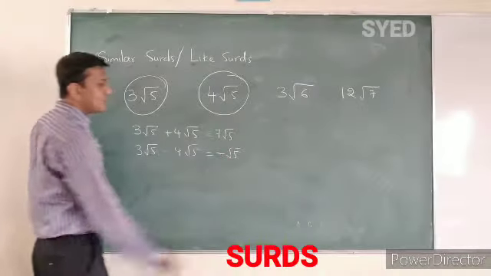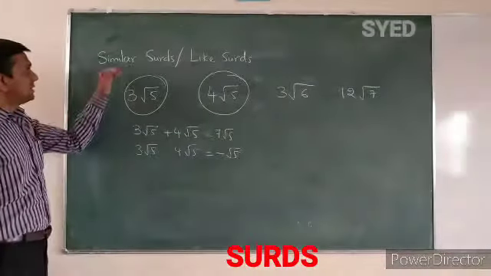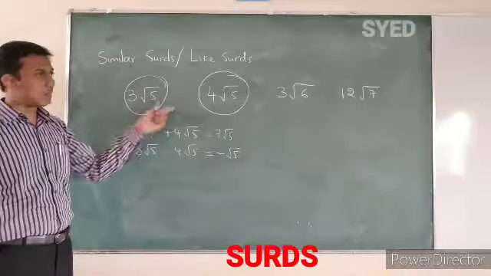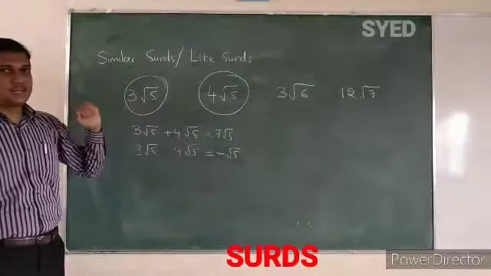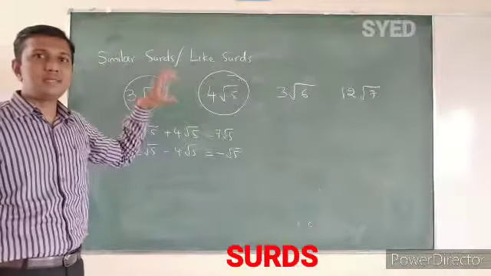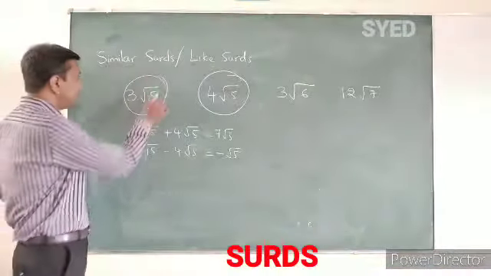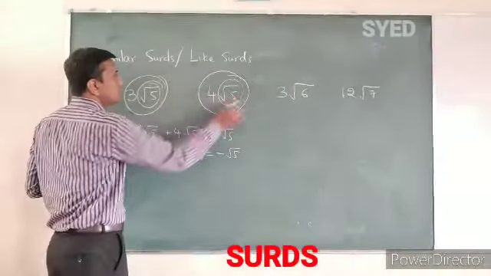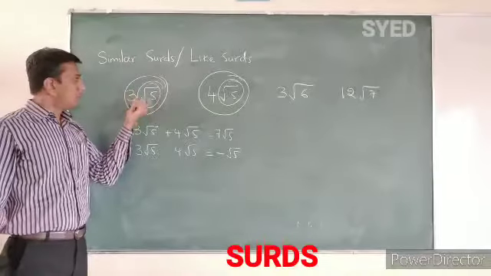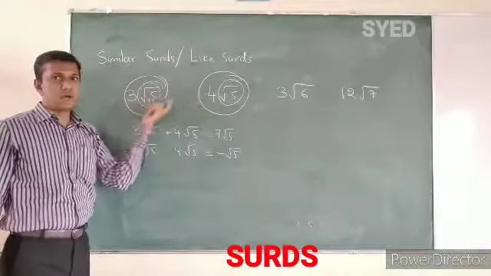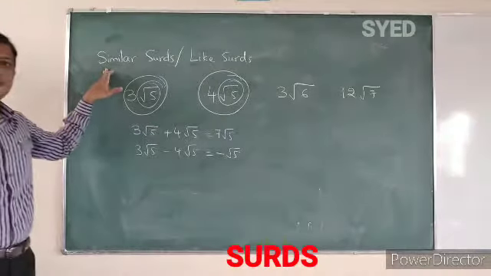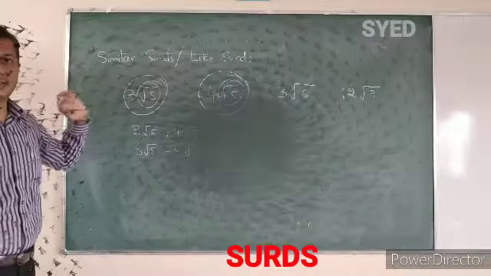So minus root 5 is the answer. So like this, similar surds, like surds can be added. What are like surds or similar surds? The surds which have a common simple surd. Though the multiples are different, the simple surd is in common. That's why we call them similar surds or like surds.